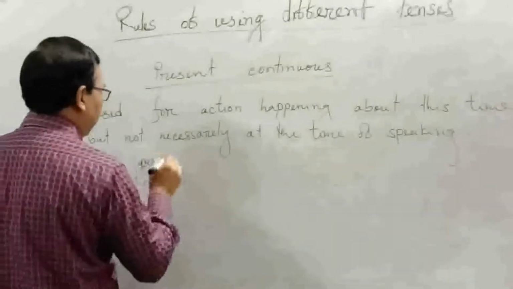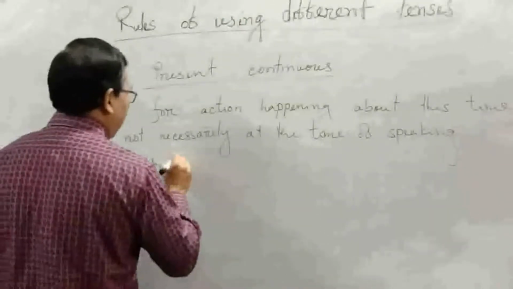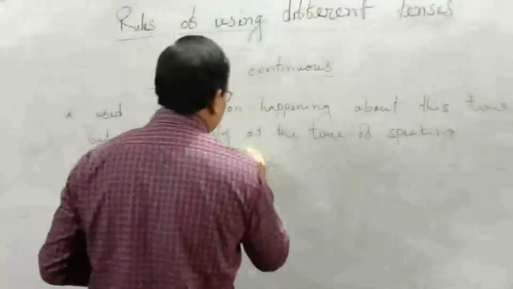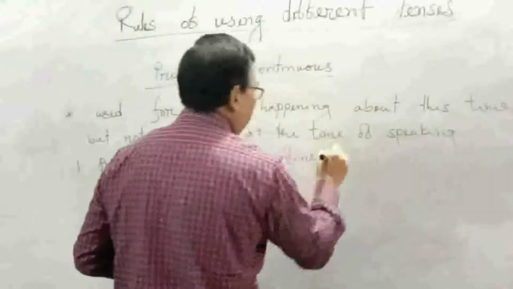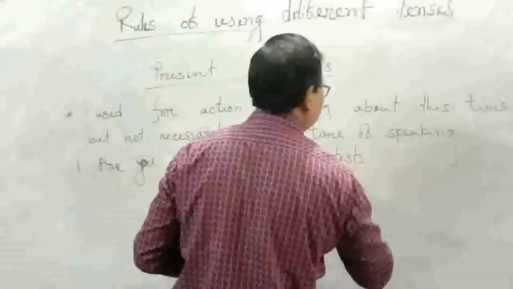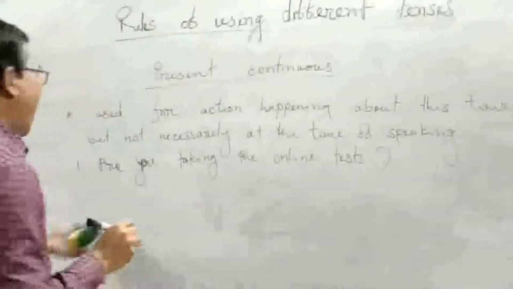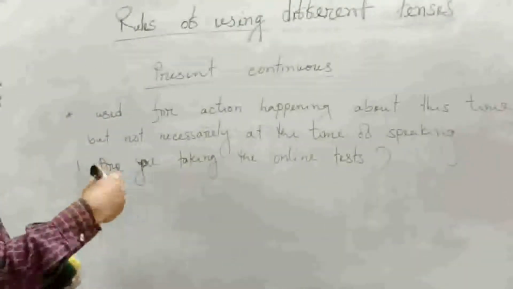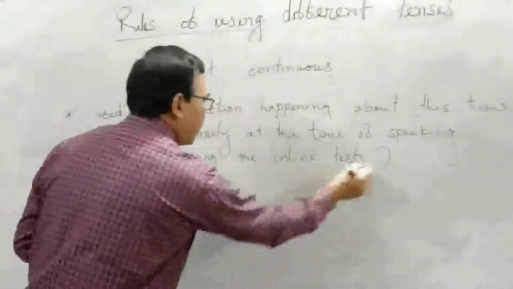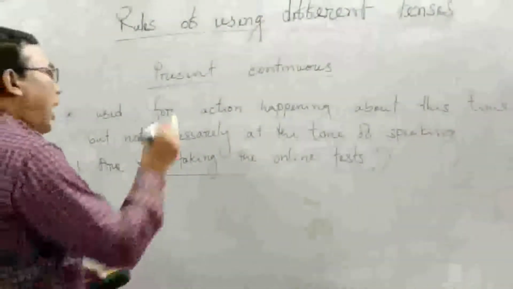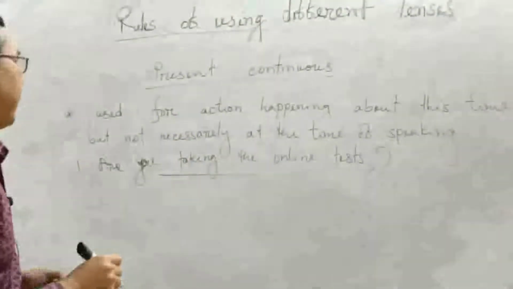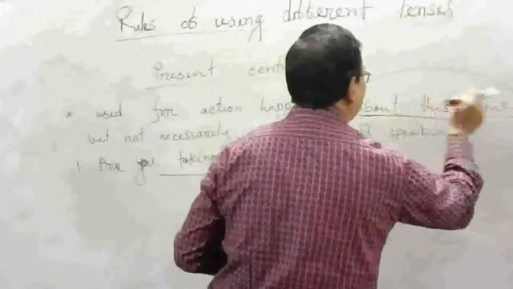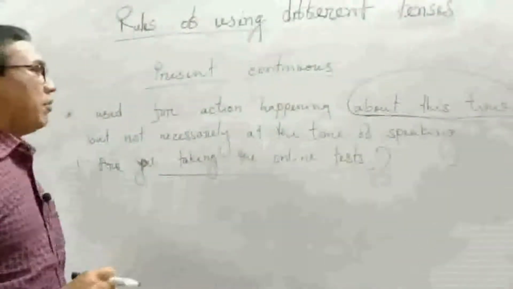Are you taking the online tests? It's a question. Are you taking the online tests? Actually, you are not taking the online test just at the moment I am speaking, but still the sentence is in continuous tense. So again, present continuous tense or present progressive is used for an action happening about this time, but not necessarily at the time of speaking.